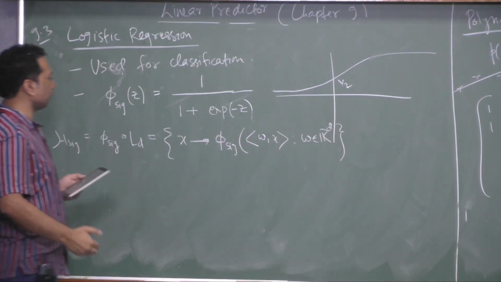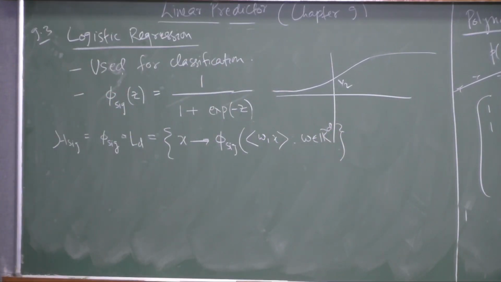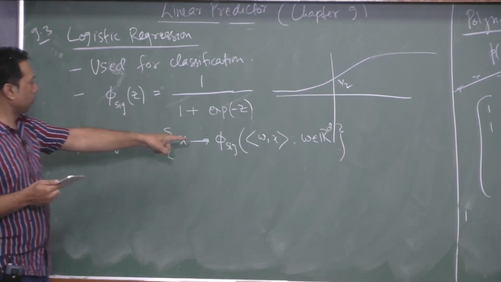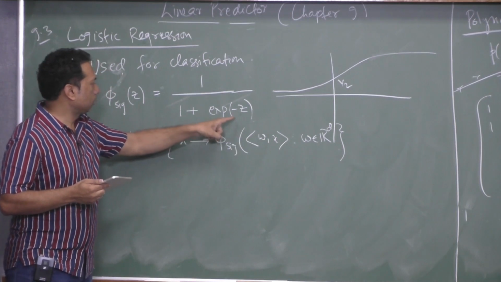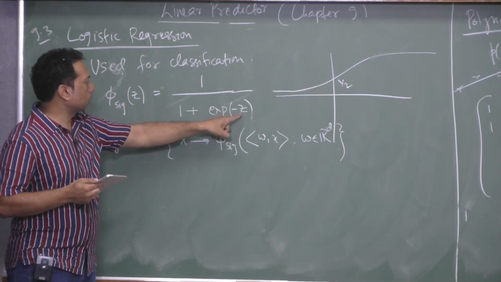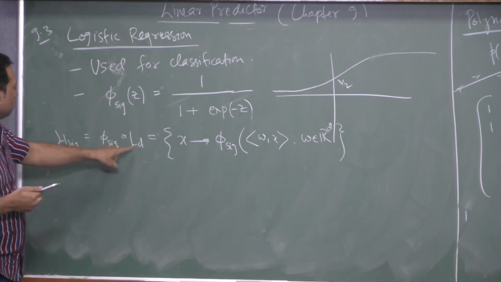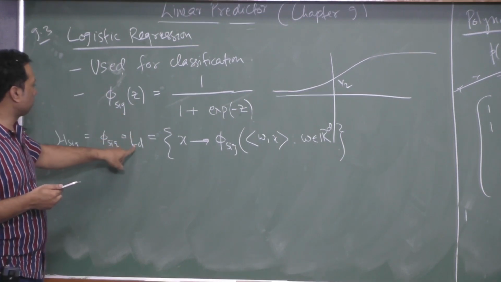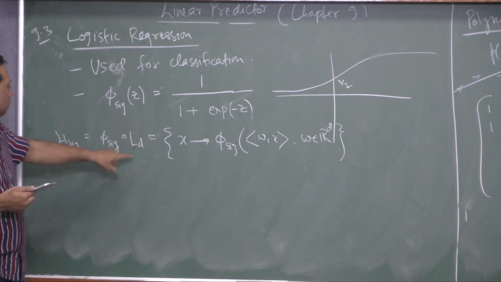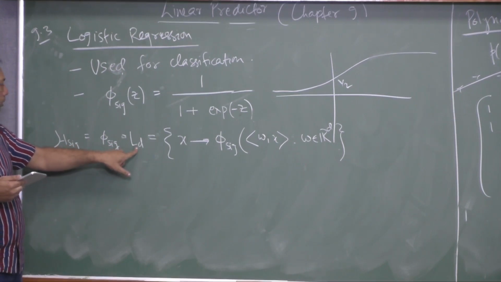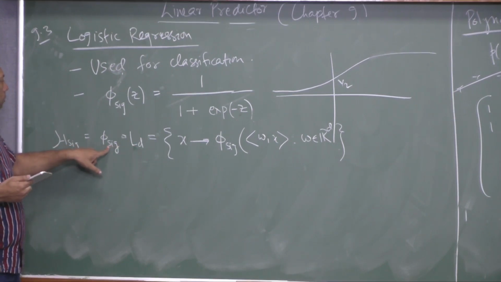In place of z you put W transpose X, so it will be minus W transpose X here. So first do W transpose X, and then you take the sigmoid of W transpose X.